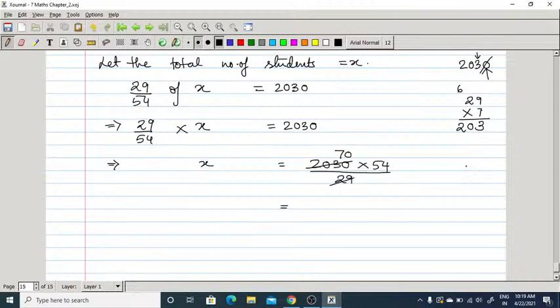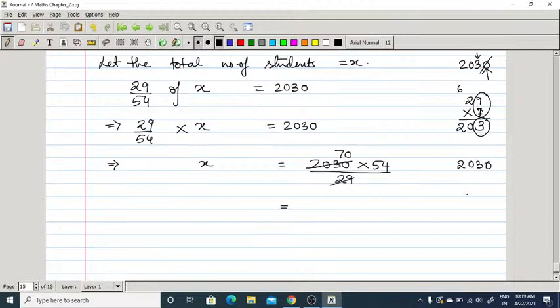So I took 2030. Now we know that whenever we multiply any number with a two-digit or three-digit number, not a single-digit number, then this is a single-digit multiplication, and this digit comes here. So if I'm trying 29, there must be a number which generates a 3 over here.